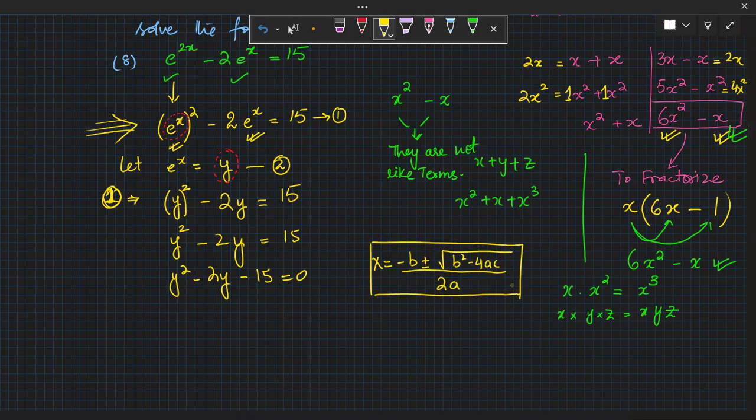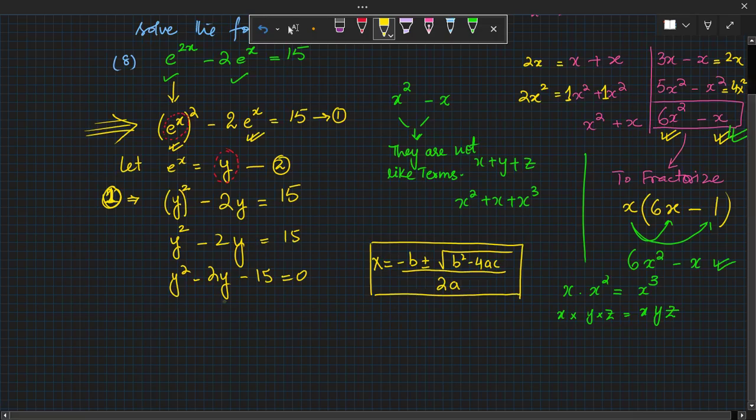Now can you find out the factors of 15? If you multiply this 15 with the coefficient of y square, you will get 15 times 1, 15, right?